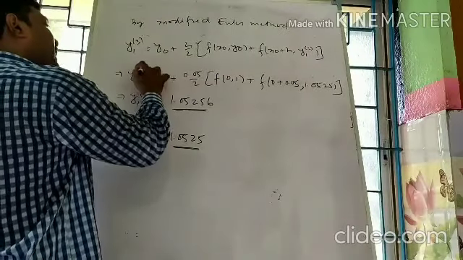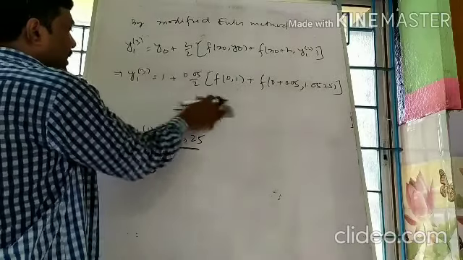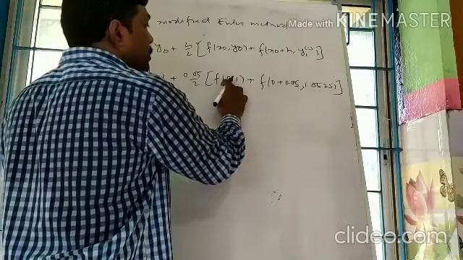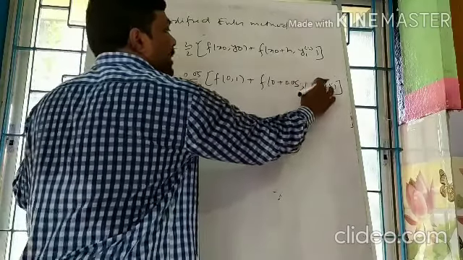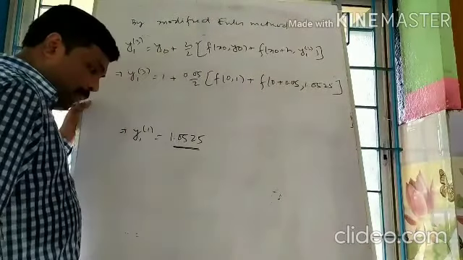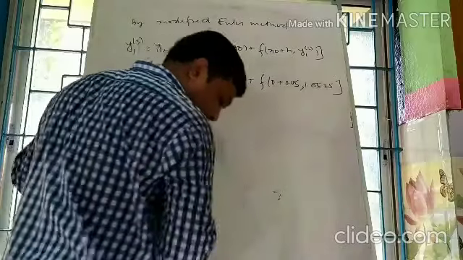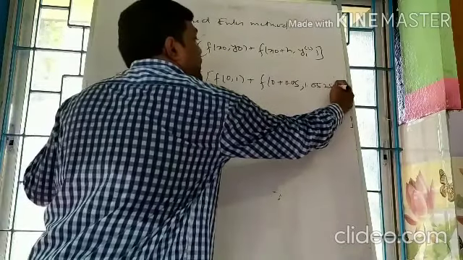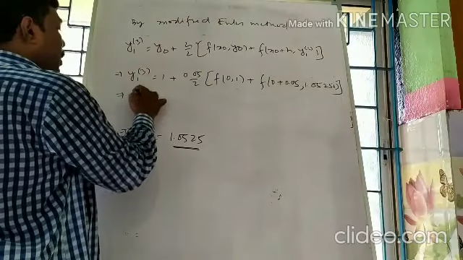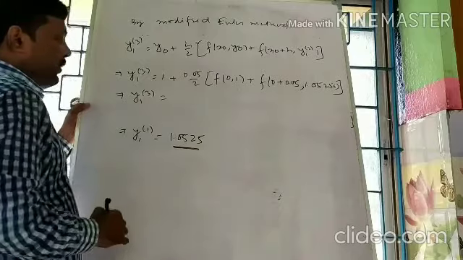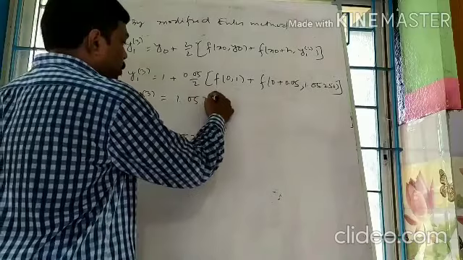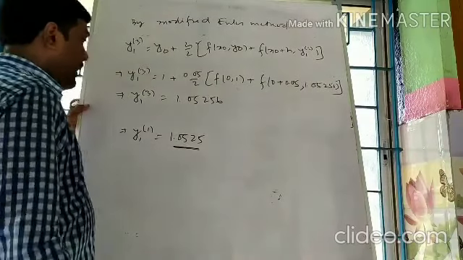So y13 equals 1 plus 0.05 by 2 times f of 0, 1 plus f of 0 plus 0.05, y12, where y12 is 1.05256. Simplify, and y13 is also 1.05256.